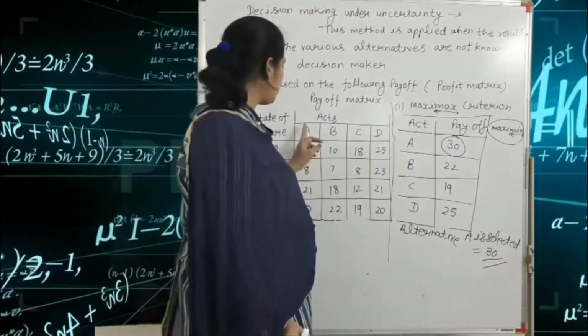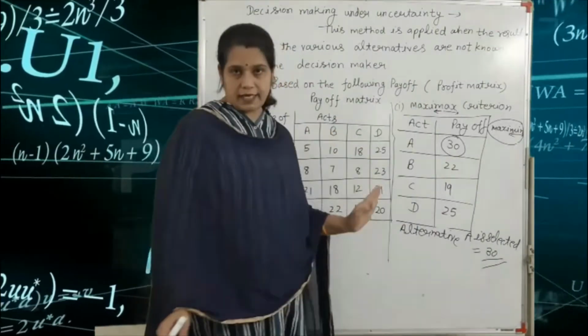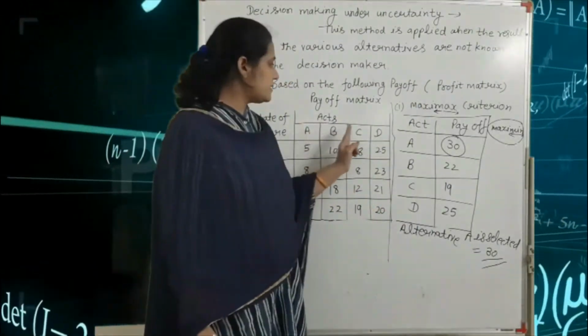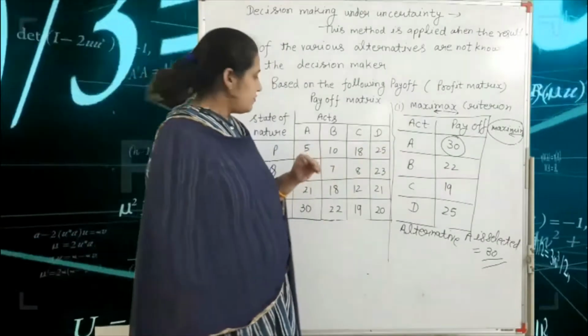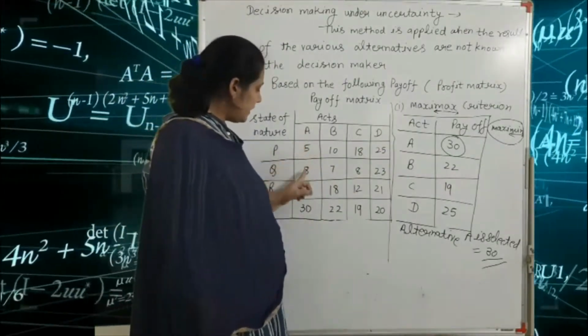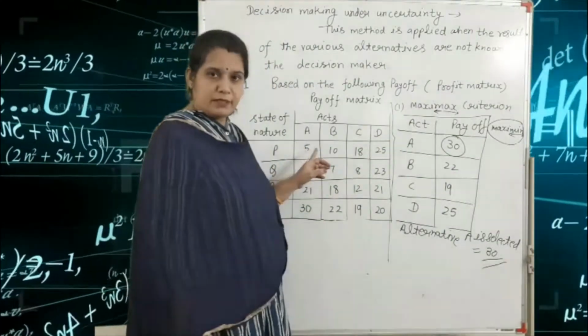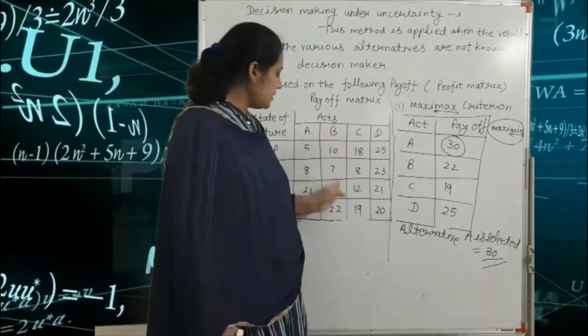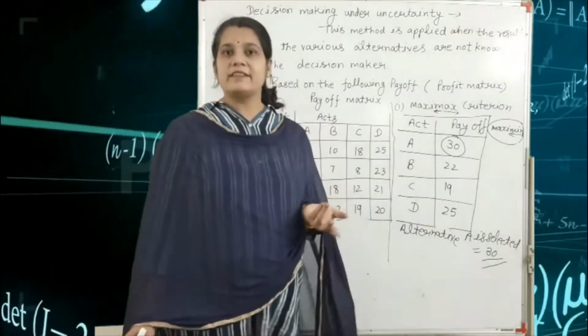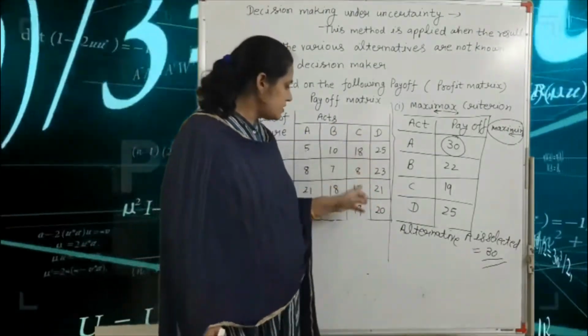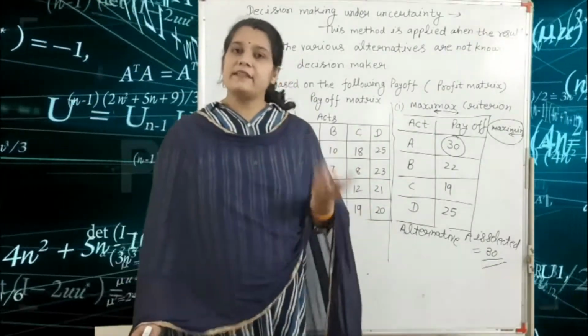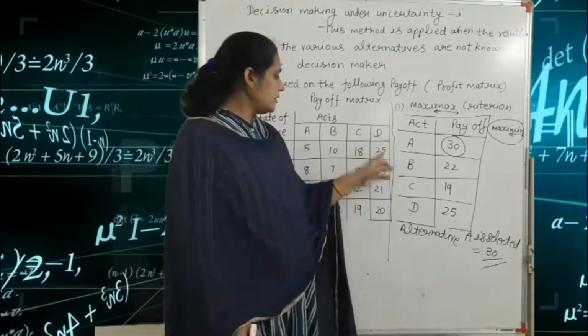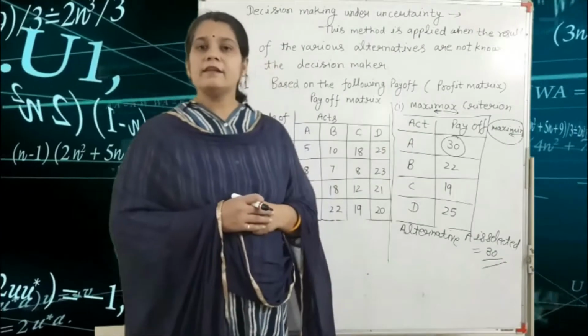That means for every alternative A, B, C, D, according to alternative A we write the minimum value, according to B the minimum value, according to C the minimum value, and according to D the minimum value.